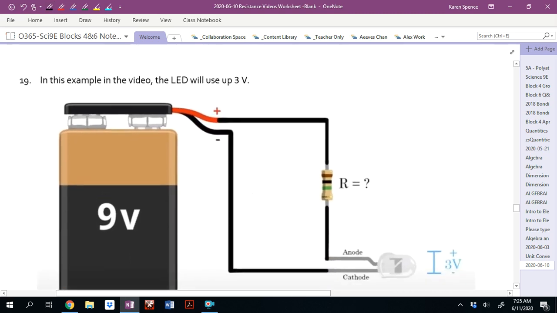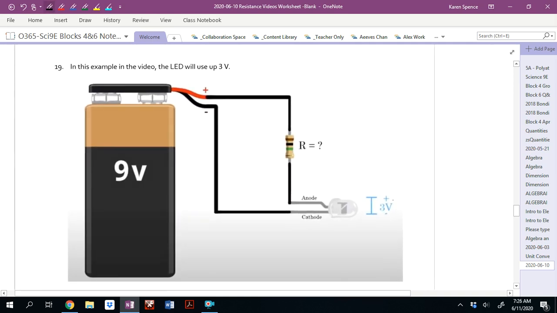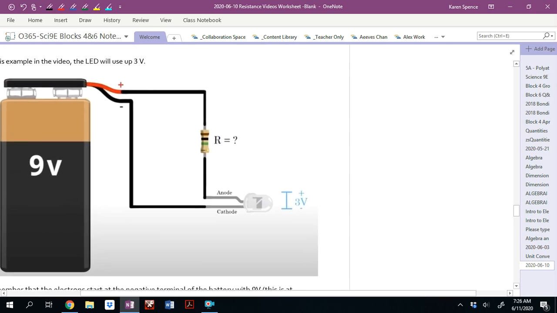In this example in the video, we have a 9-volt battery, and the LED will use up 3 volts. Remember that electrons start at the negative terminal of the battery with 9 volts. This is like a ball that starts at the top of a hill with 9 joules of energy, let's just say joules.